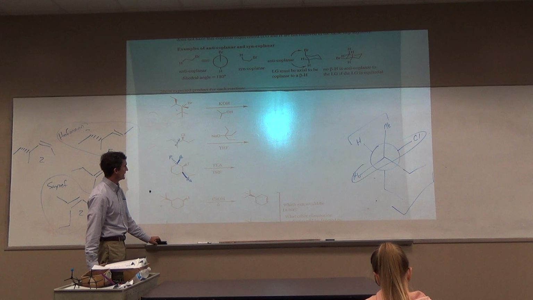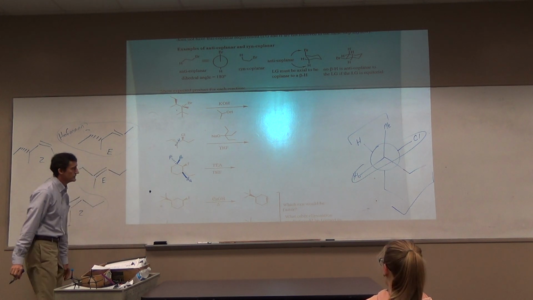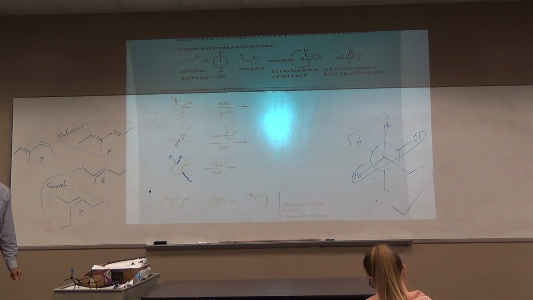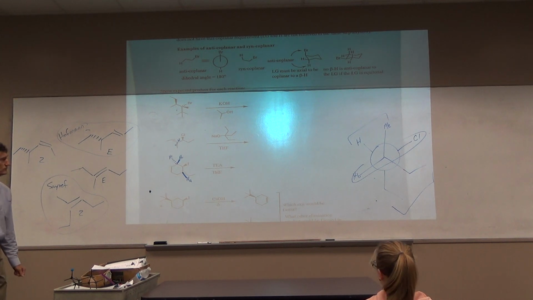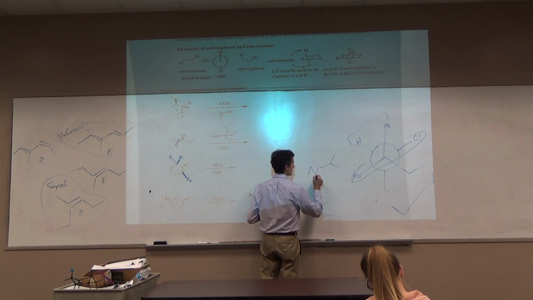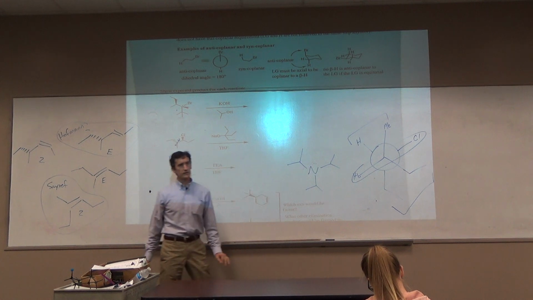Okay, what product are we going to get here? How sterically hindered is triethylamine? Very. Well, instead of ethyl groups, what if I made it isopropyl groups? Would that make it even more sterically hindered? Yes.